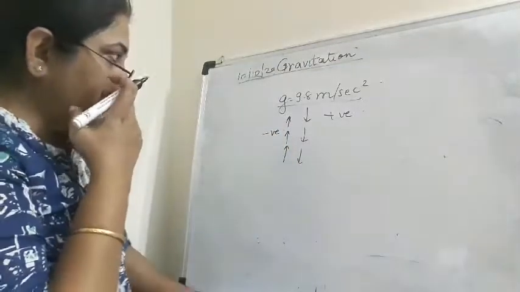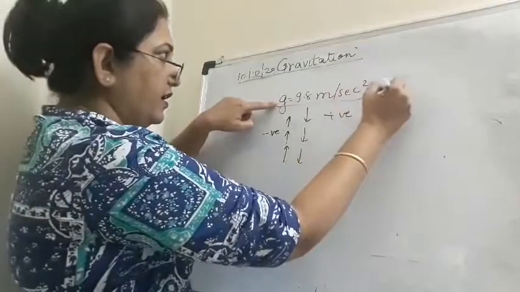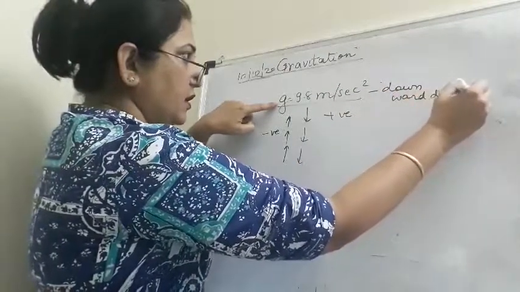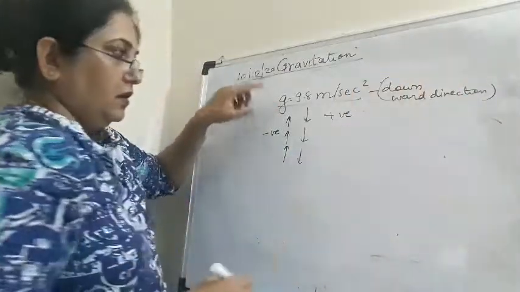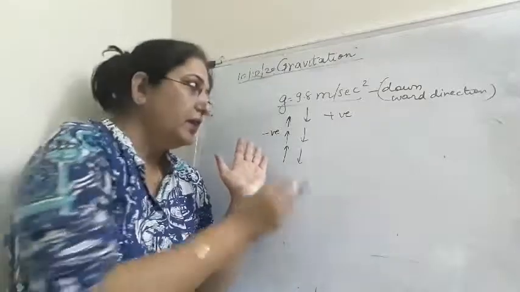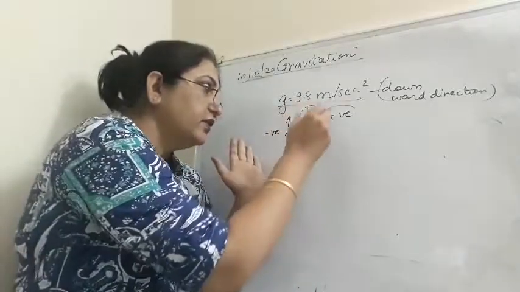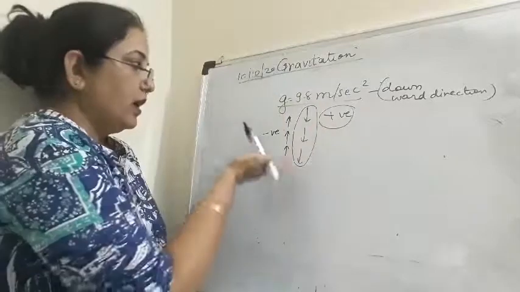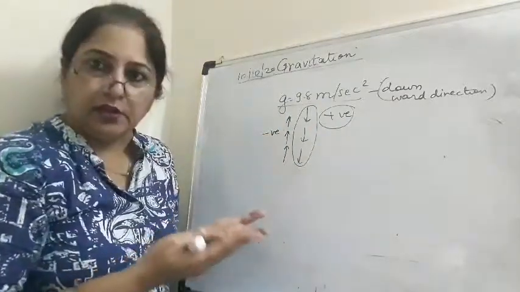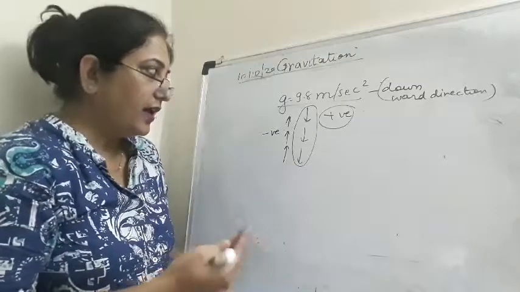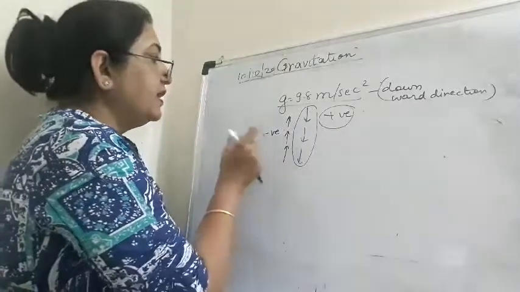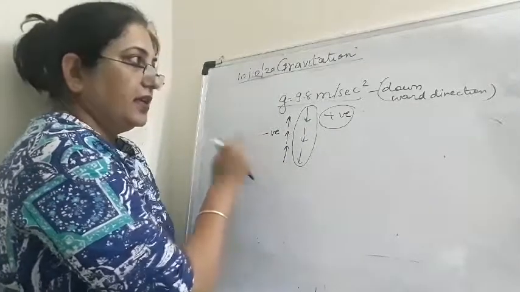So I hope it is clear to you that g is always acting in which direction? In the downward direction. And if the object is falling down and we are solving a numerical question, g will be positive, remember. And if an object is thrown up, against the direction of the acceleration due to gravity, then in that case g will be taken as negative.